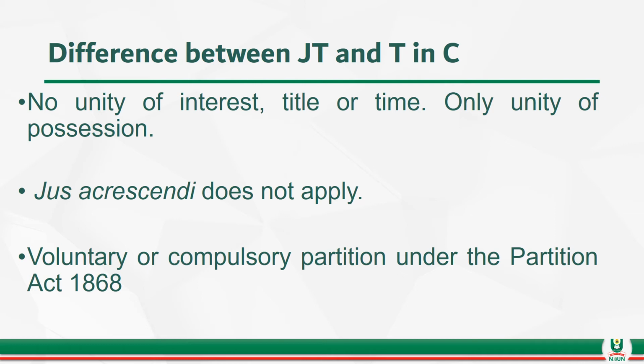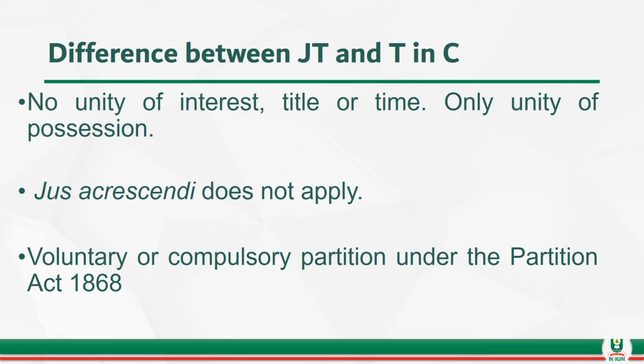Now let's differentiate between a joint tenancy and a tenancy in common. From all that I have been saying, you would know them, but let's just state them. First, remember the four unities. For joint tenancy, all four unities must operate: interest, time, title, and possession. For tenancy in common, only possession operates.